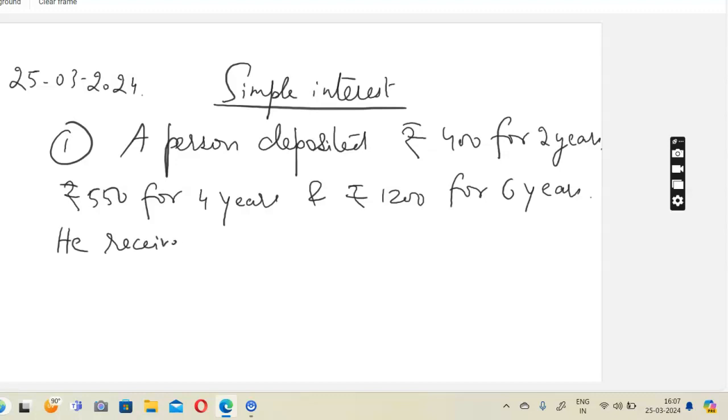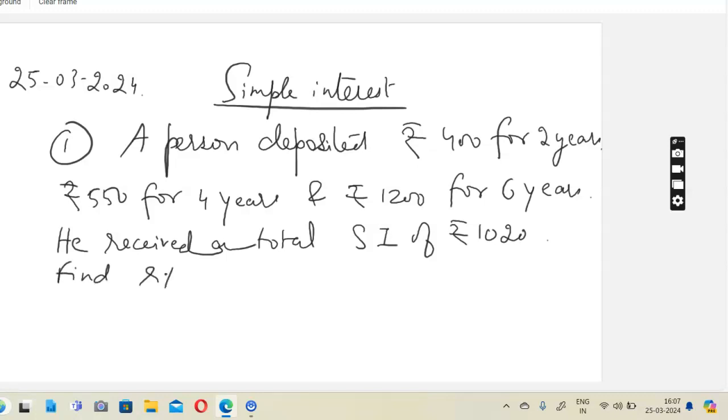He received a total SI of rupees 1020. Find R per annum.